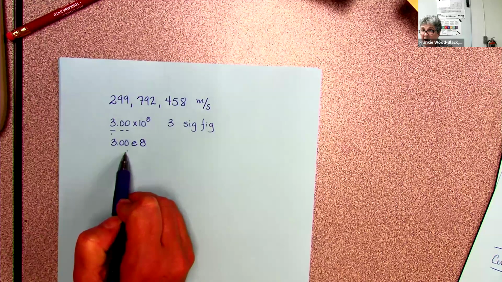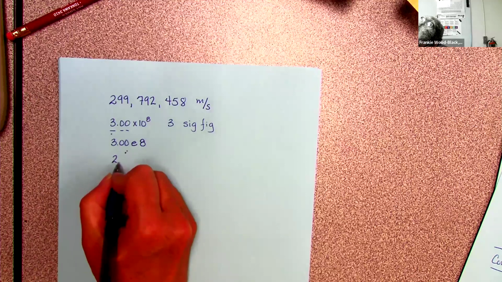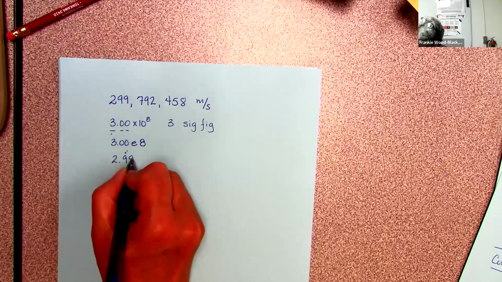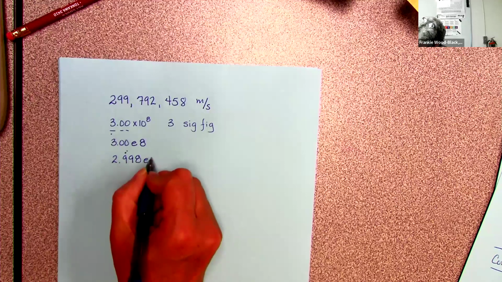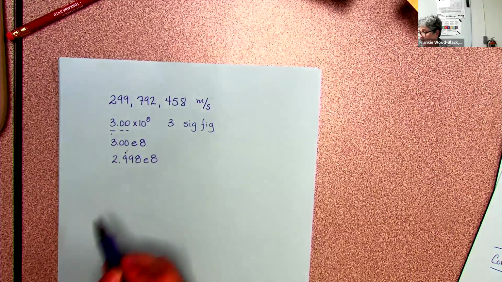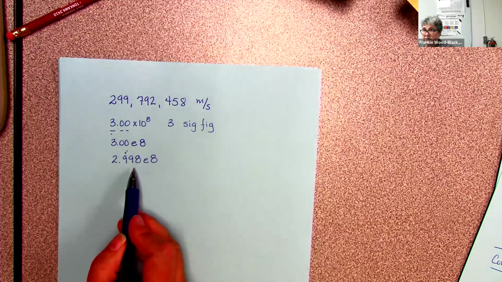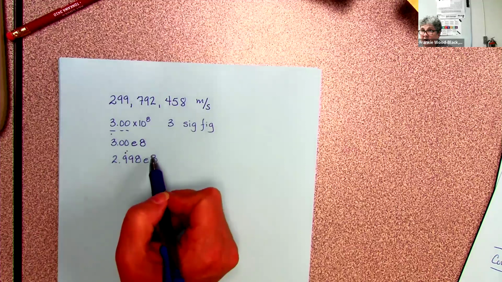So now if I want to write this to 4 significant figures, I'm going to write 2.998 E to the 8, and WebAssign will like that. So this is a formatting issue in WebAssign.